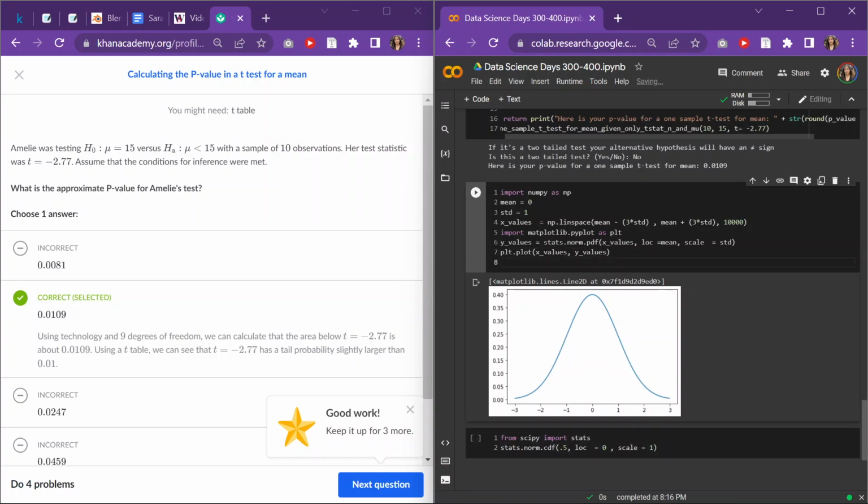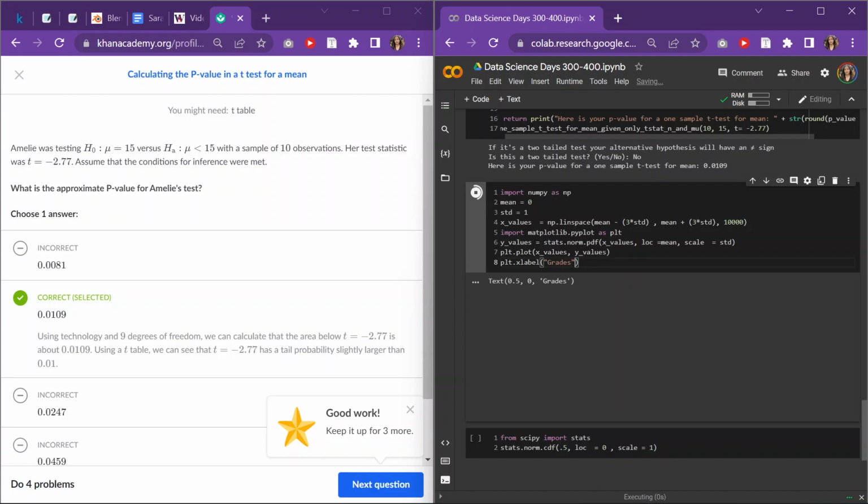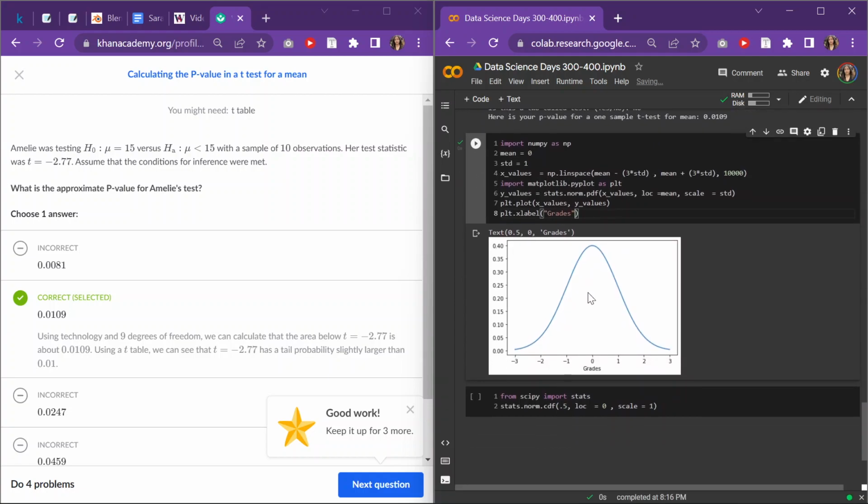Let's say I'll do plt.xlabel, and this is like student grades. And then I say, what proportion of students got a 1 or higher?